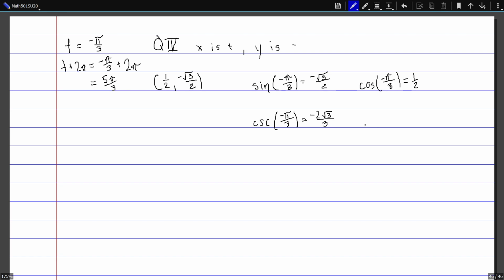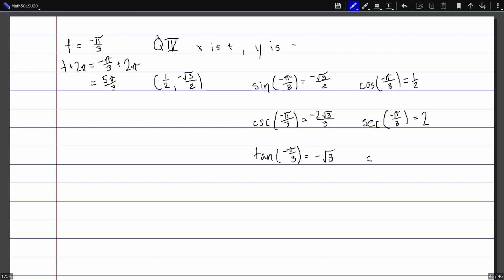Over here, the reciprocal is a little bit easier for our secant. Secant of -pi over 3 is going to be +2. And finally, the ratios. Tangent of -pi over 3 is going to be our sine value divided by our cosine value, so it'll be -√3 over 1, or just -√3.